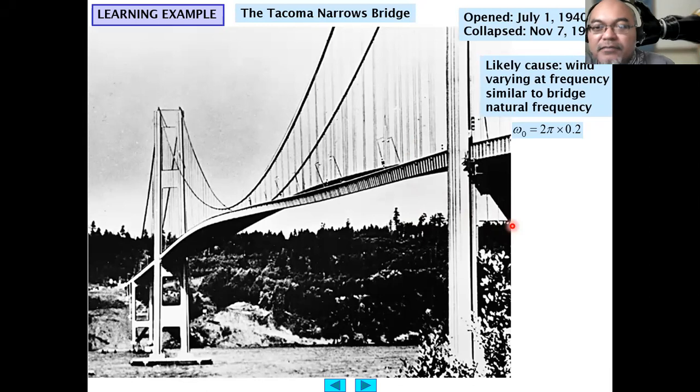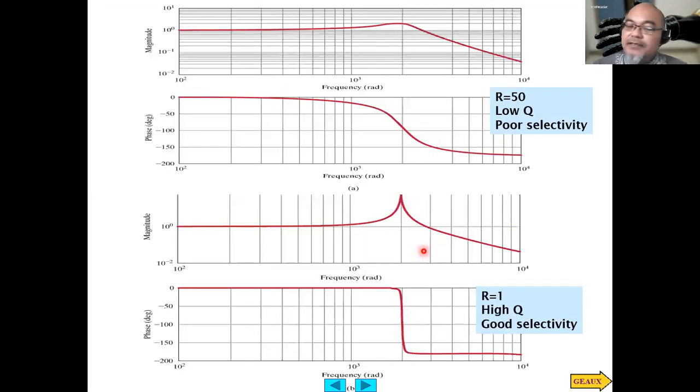All of this can be modeled as a resistor, inductance, and capacitance, respectively. And from there, we can calculate the natural frequency, the omega 0.